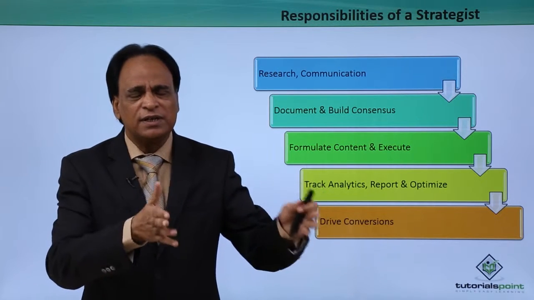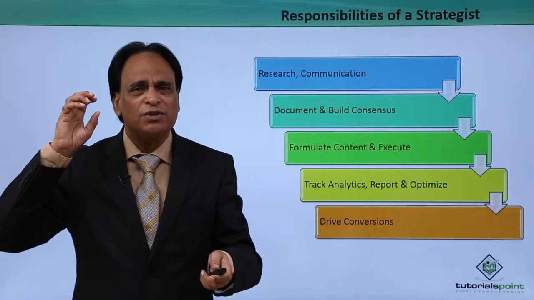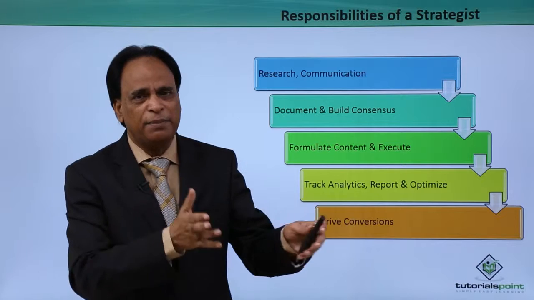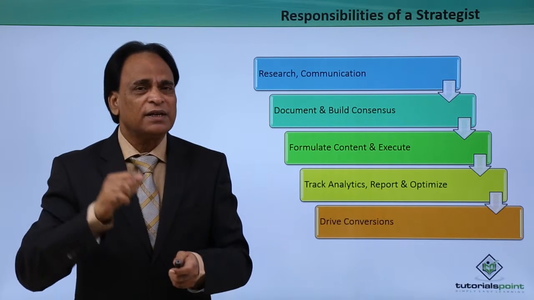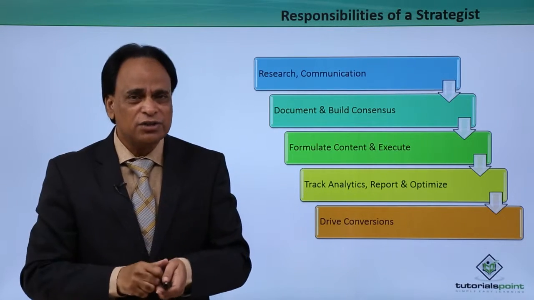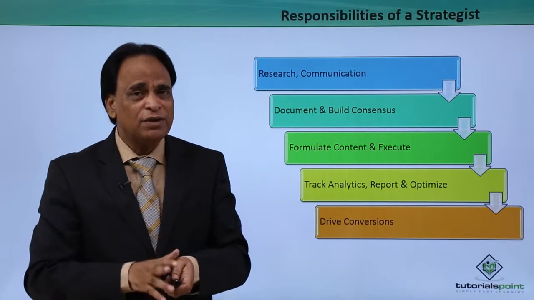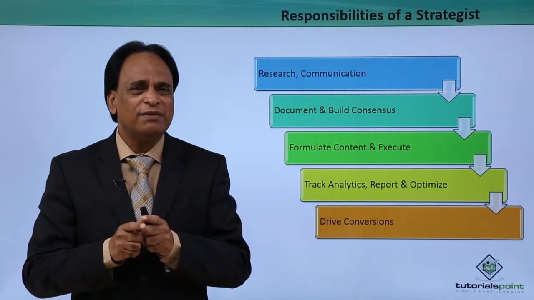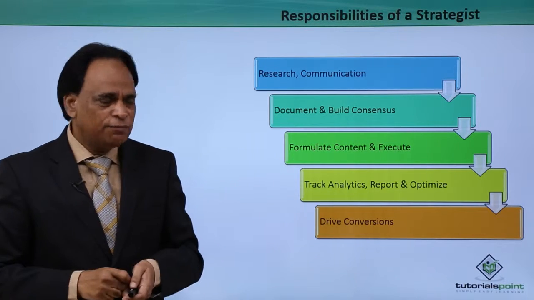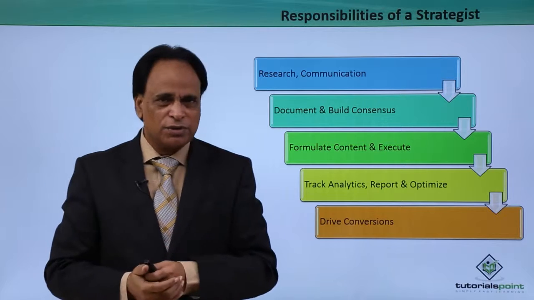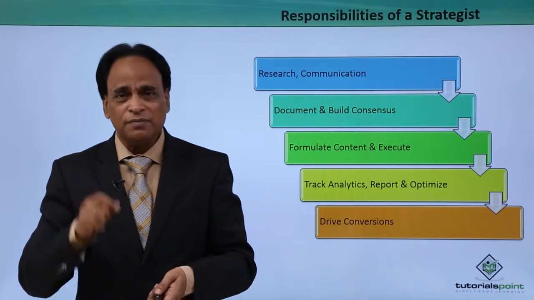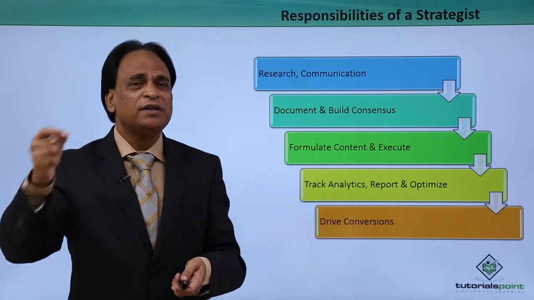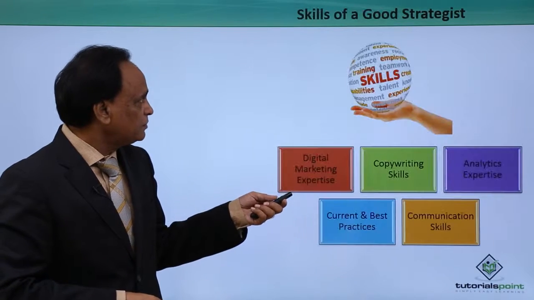When you are executing the campaign on Twitter, you need to track, report, analyze and optimize the campaign objectives. Whether you are doing the right thing or not, whether you need any tweaks to be done in terms of the campaign on Twitter or on the website or the landing pages. You need to track each and everything so that you can take informed decisions and drive conversion. That is the ultimate goal, the conversions, and you need to see how you can increase on driving the conversions.